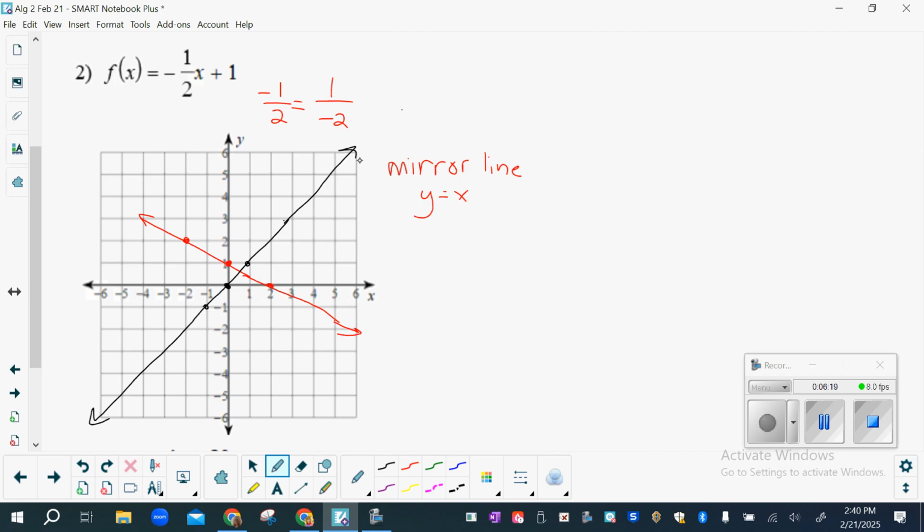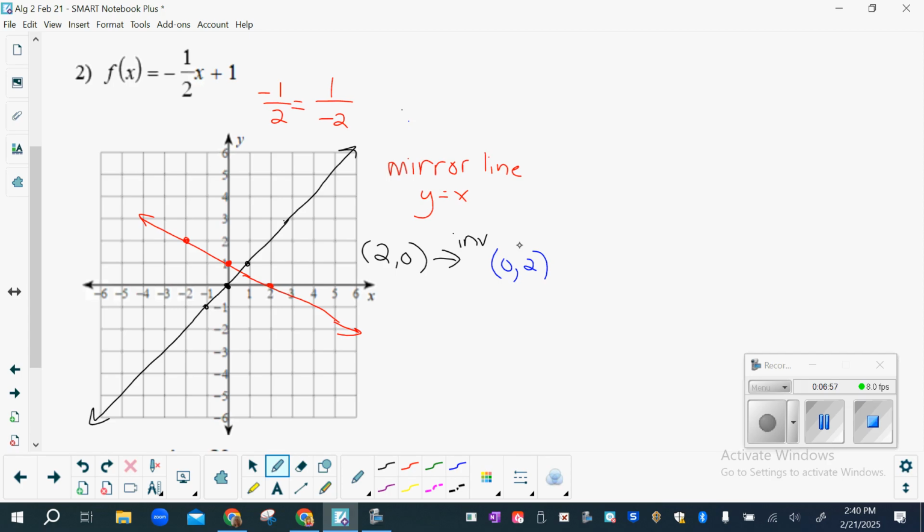So what is a point on the red line? 2, 0. Good. So we're going to take the 2, 0 and interchange the x and the y. So my inverse is going to be 0, 2. All I did was switch the x and the y. That's part of the definition of inverse.